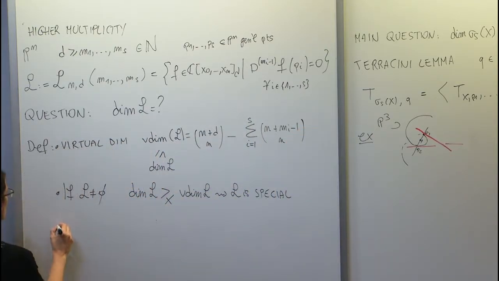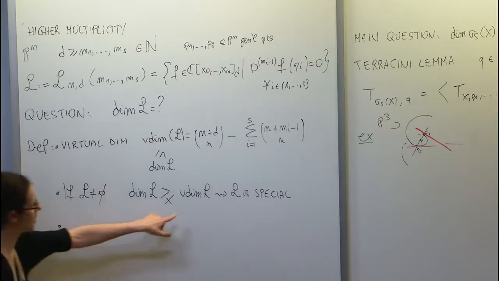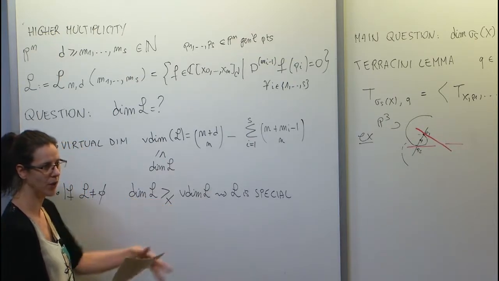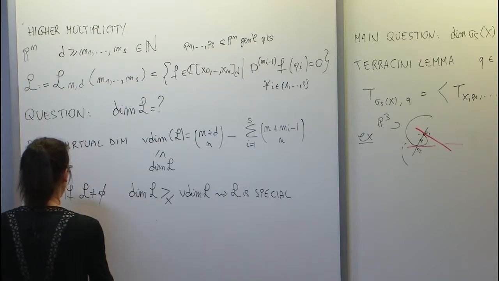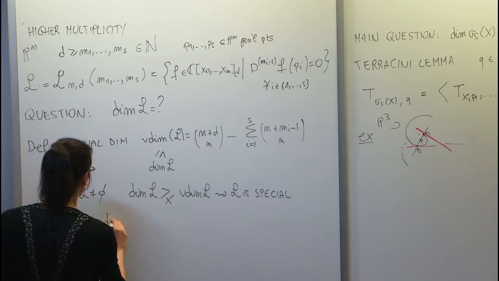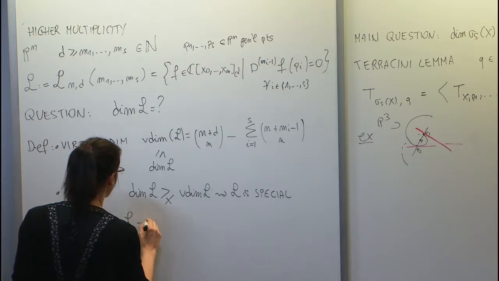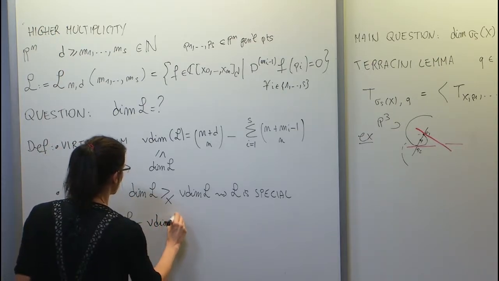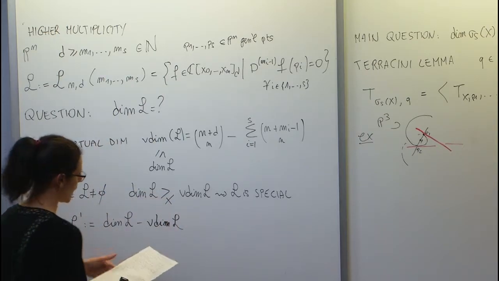And what I want to do in this talk is to actually compute the speciality, so compute the difference between these two numbers. So let me just call it H1.